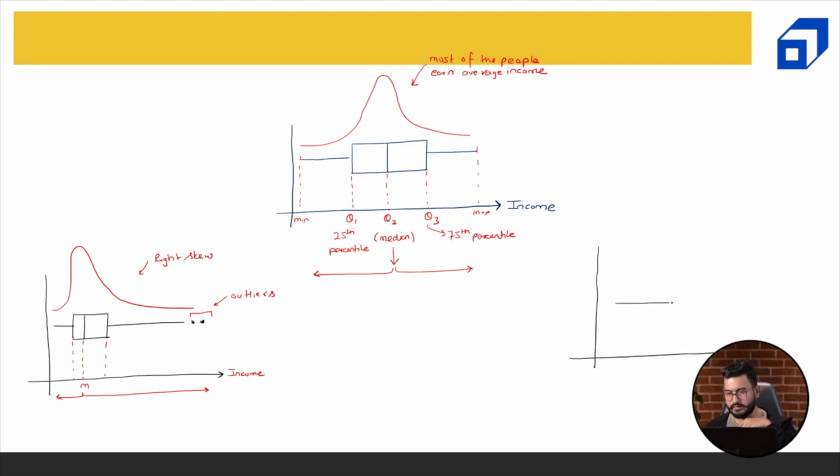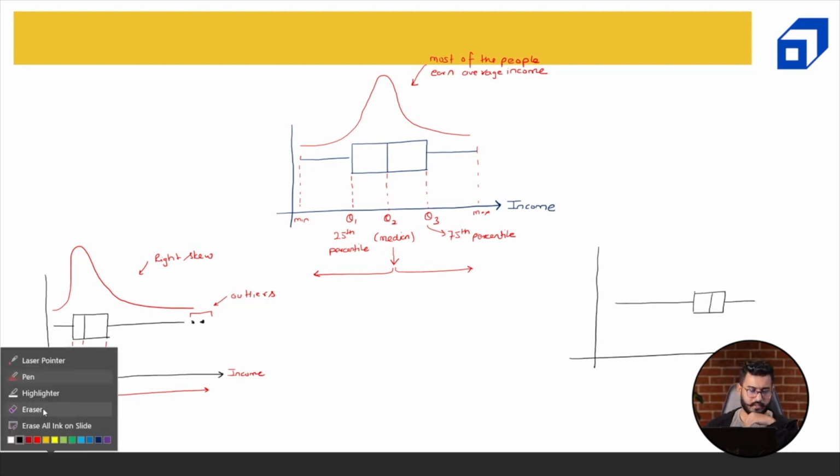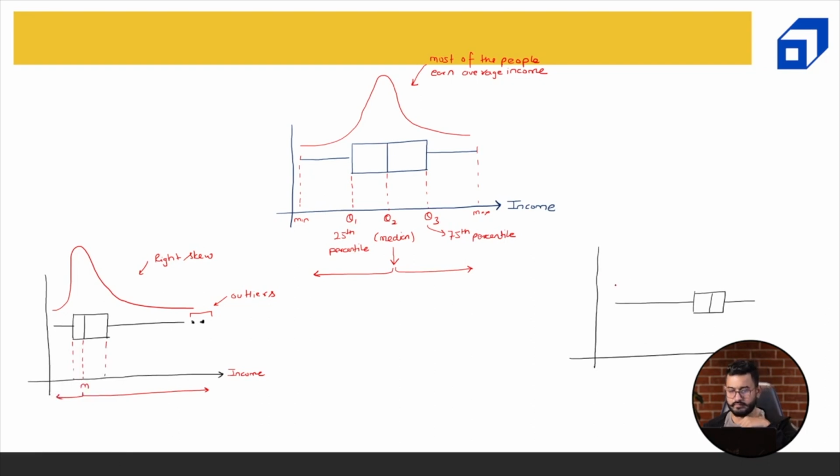So in that case, my box can look something like this, and I can have a curve like this. So this is my left skew, and I hope you guys now know how to read a box plot, right?